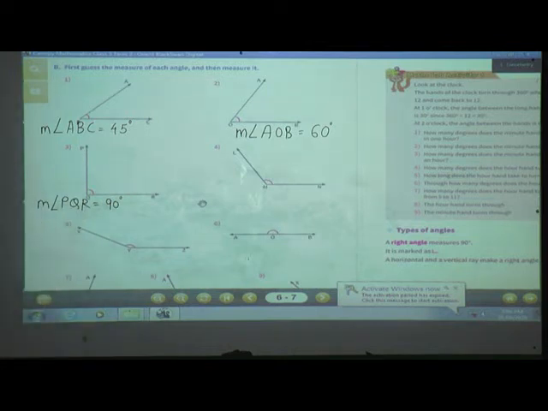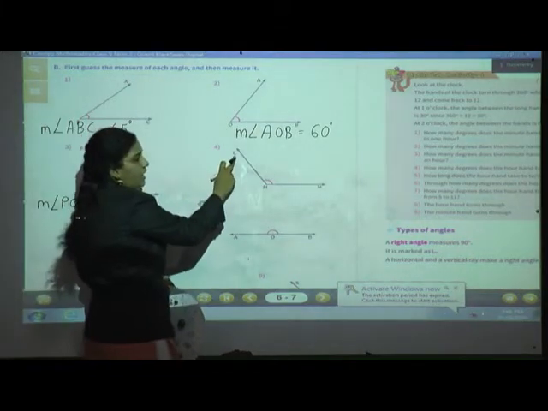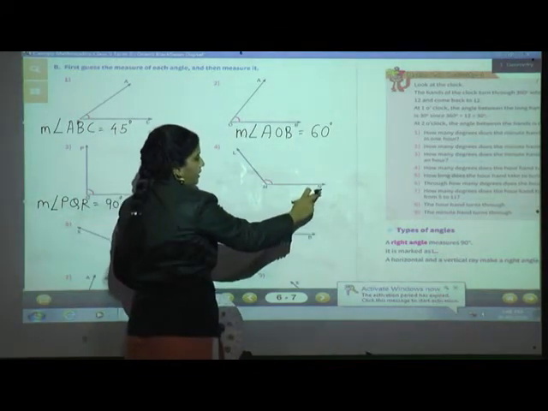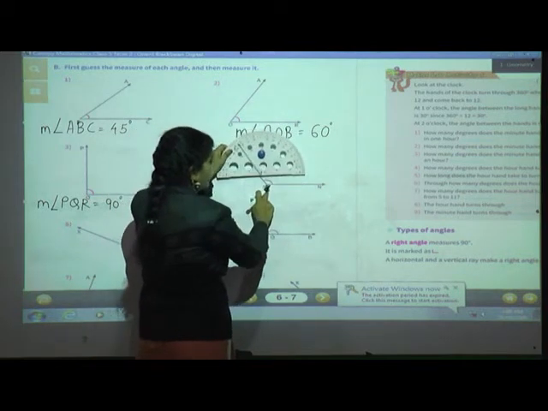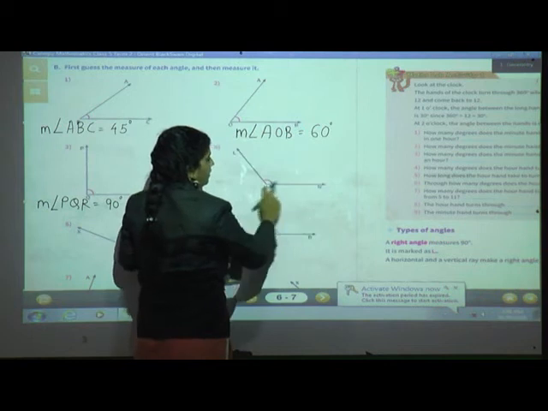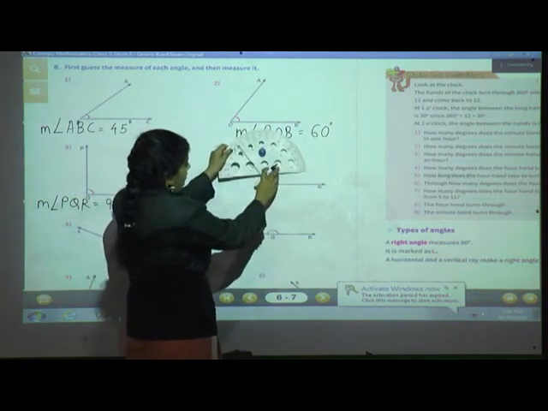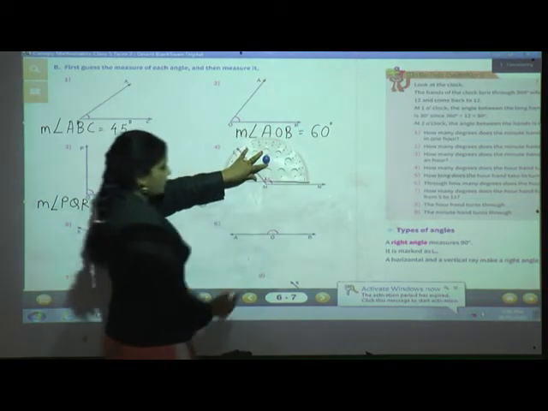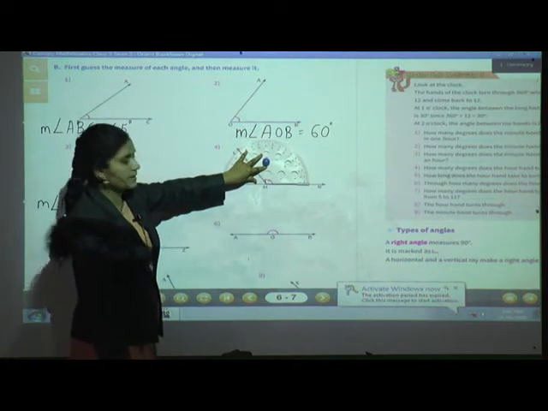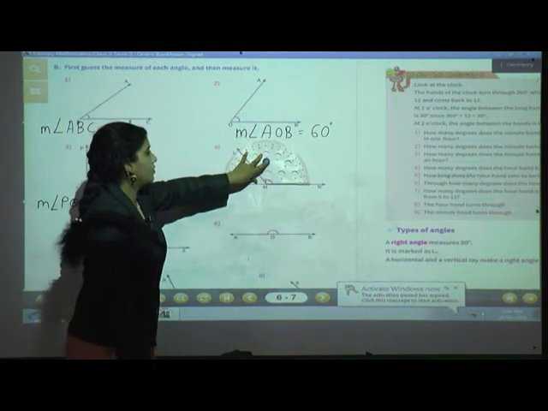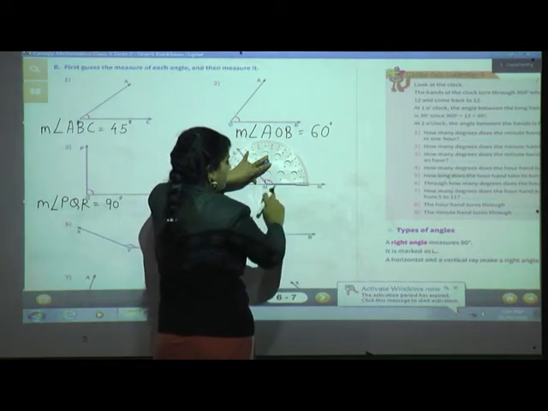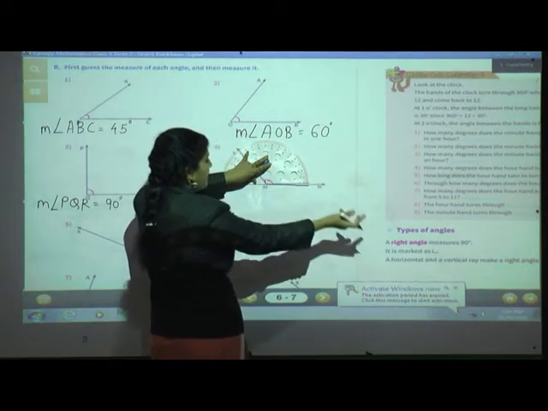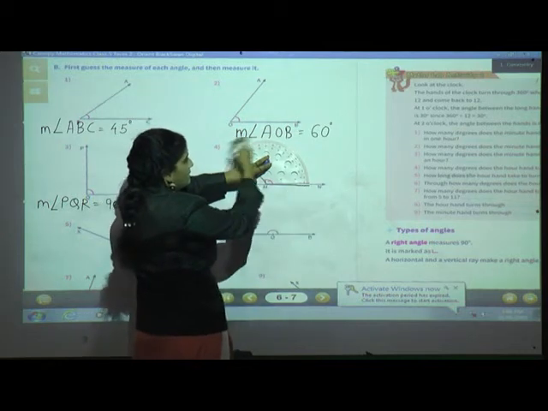Now fourth one, angle LMN. Place the baseline of the protractor on ray MN, and the center of the protractor is on vertex M. The arrow of ray MN is on the right side, so use your inner scale.